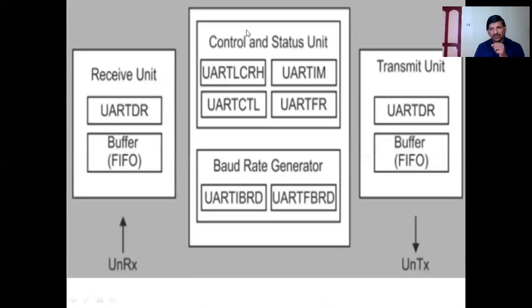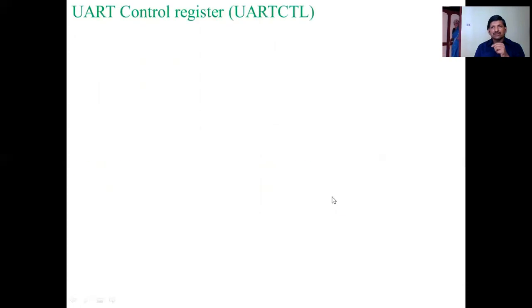So this is a simplified block diagram of the UART module. It contains a transmitting unit, control and status unit, baud rate generator, and receiving unit. This is a simplified block diagram of the UART module of TM4C123GH6PM. In this, we are discussing some of the registers.